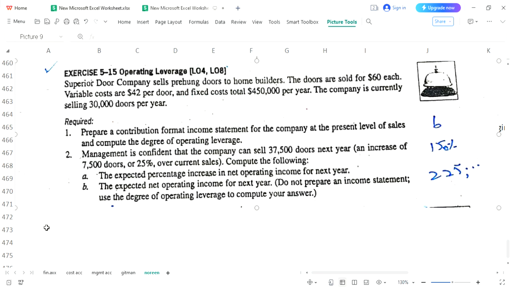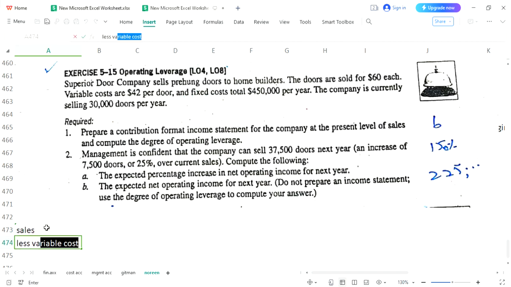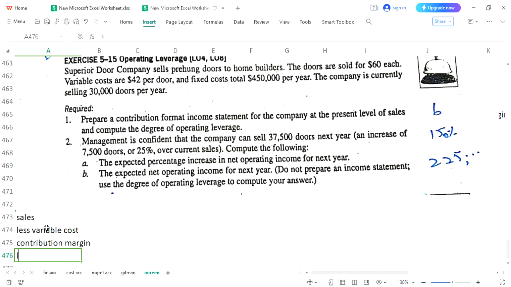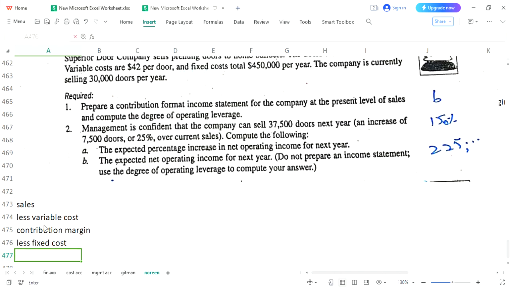The very first thing is to make a contribution format income statement. The first element is sales. Then you subtract your variable cost and you get contribution margin, and then you subtract your fixed cost.